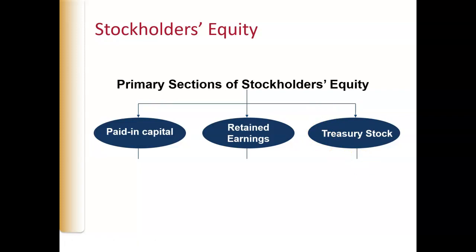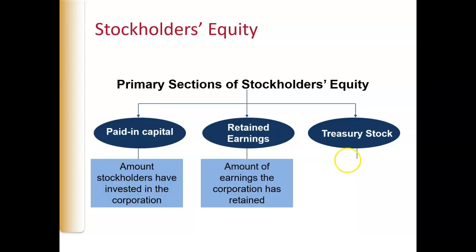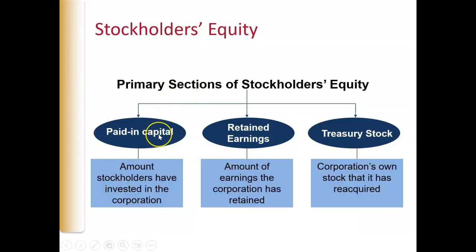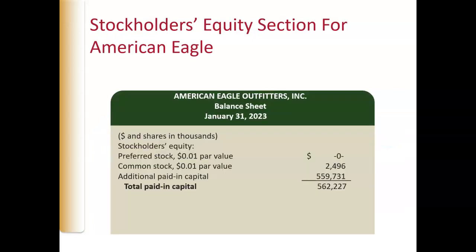So, paid-in capital: amount stockholders have invested in the corporation. Retained earnings: amount of earnings the corporation has retained. And then something new today, treasury stock: the corporation's own stock that it has reacquired.